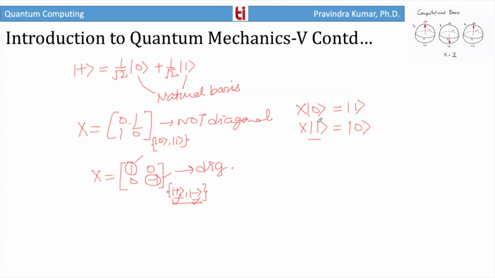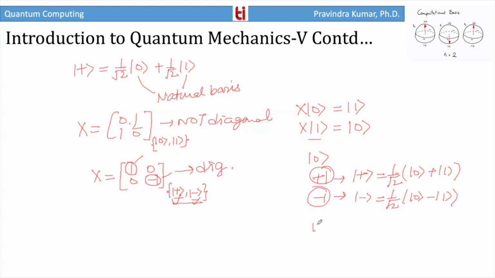Now if the state is 0 and then we measure the Pauli X gate, we will get plus for eigenvalue plus, and the qubit collapses to ket plus. This means 1 by under root 2 (ket 0 plus ket 1), and when the eigenvalue is minus, then the eigenstate is 1 by under root 2 (ket 0 minus ket 1), and each eigenvalue occurs with probability 1 by 2, as you have seen in the previous slides.